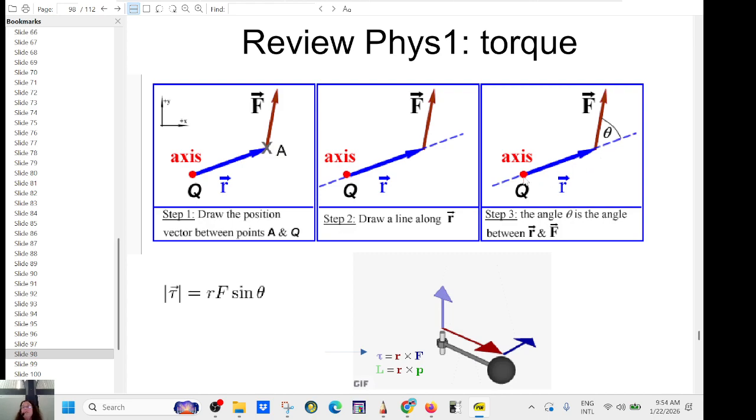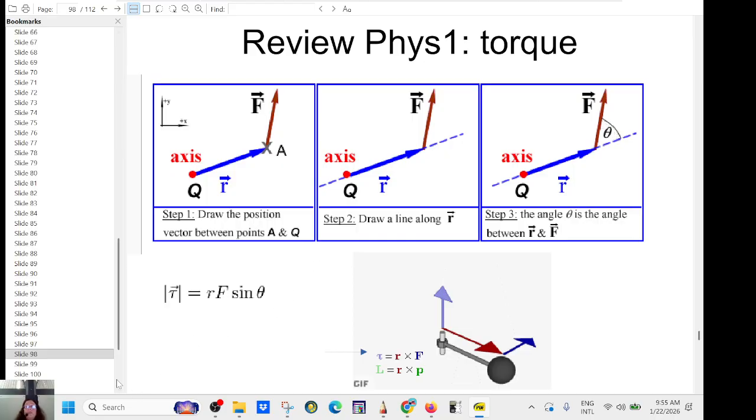So imagine this is a door. So here you have the door. This is the hinge, and you are pulling this way, and the door is going to open. The force is perpendicular, then you get the maximum torque. If the force is along here, you have zero torque, obviously, and then the orientation here is theta.